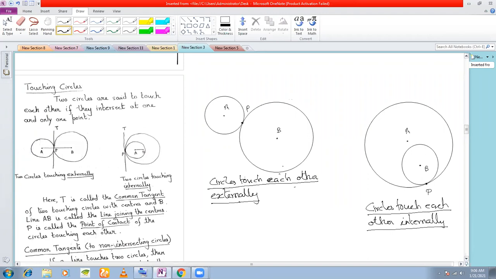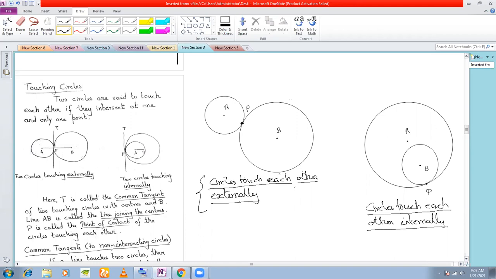If you see out here in the first figure, when the circles are touching each other externally, these two circles are outside each other, and therefore we have a point of intersection here, or point of touching, or point of contact here. Okay.